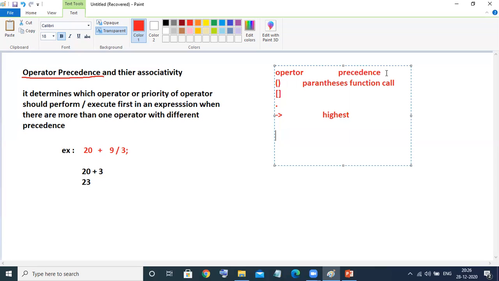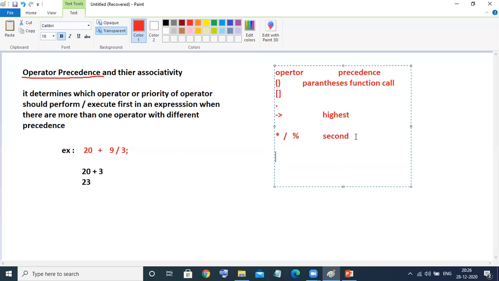After this, we have multiplication, division and modulus operators. These have the second highest precedence, just below the highest. The topmost are the bracket, square bracket, dot operator and structure to pointer operator. Then these three are on the same line: multiplication, division, and modulus.